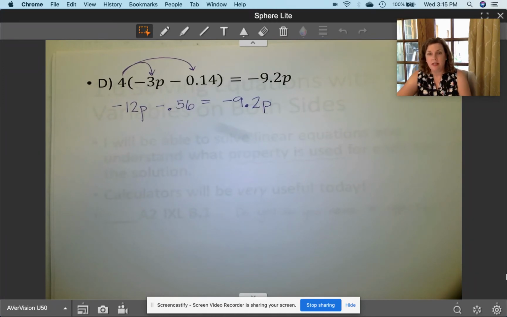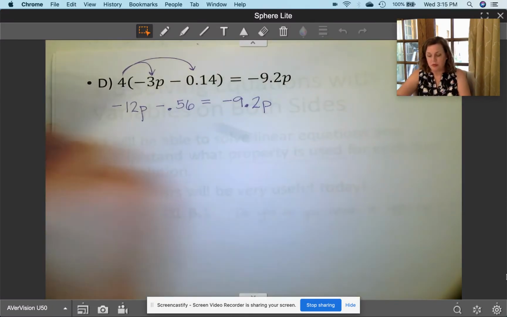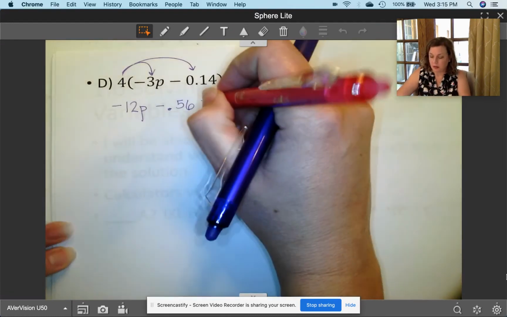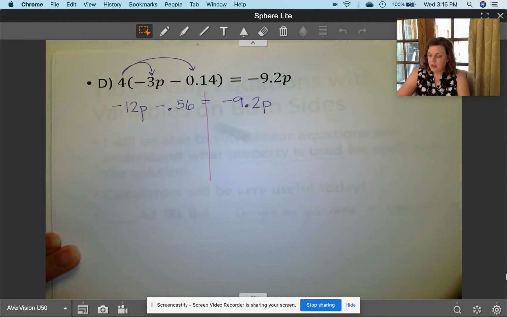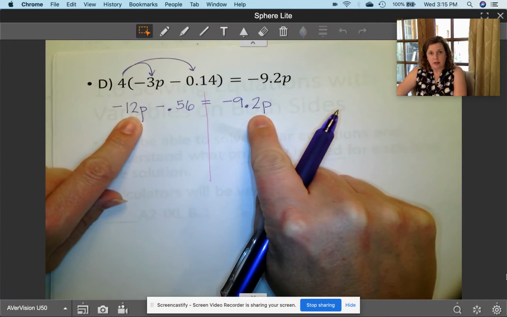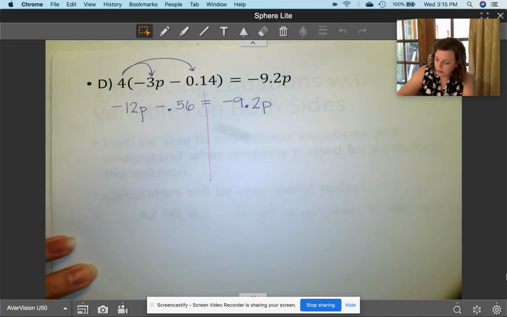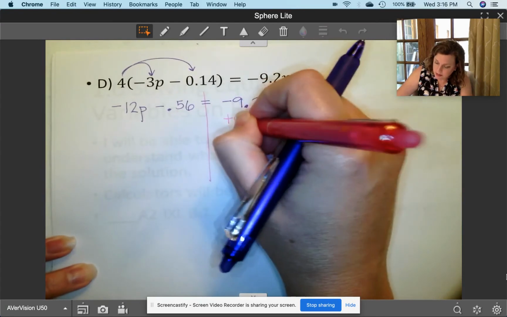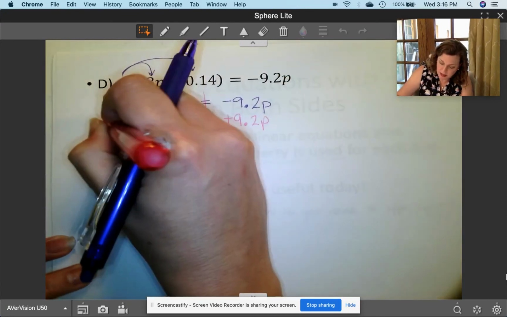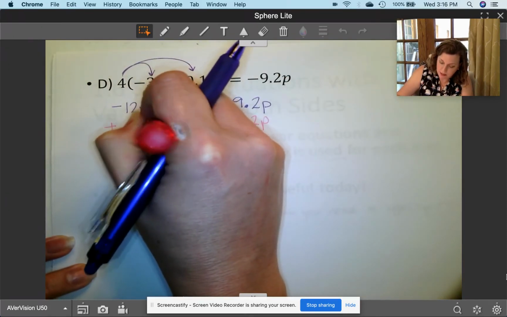All right, and again, I'm going to restate there are many, many ways to solve these problems. I'm going to stick with my original thing that said letters on the left, but you don't have to. So you could move the negative 12p to the other side. Again, we need to get our letters together. I'm going to go ahead and do what I was doing before. So positive 9.2p, really it's kind of a good exercise to show you what happens.